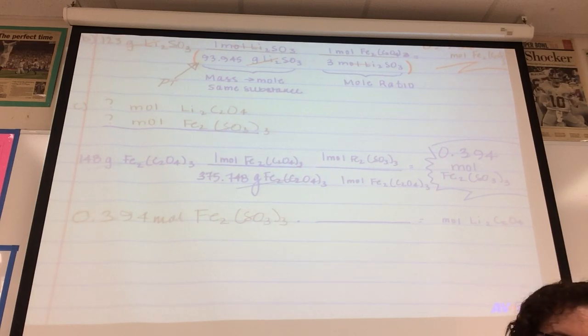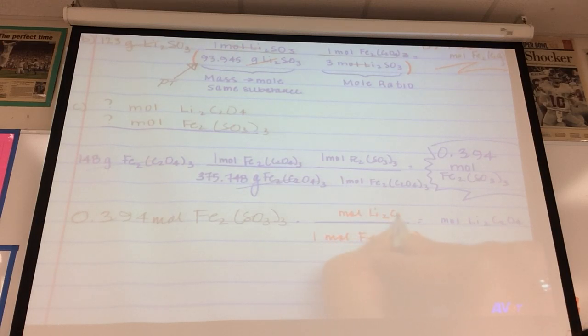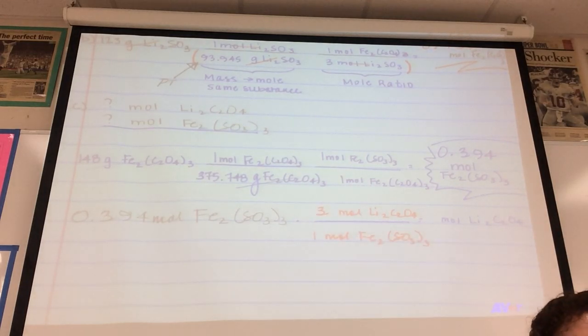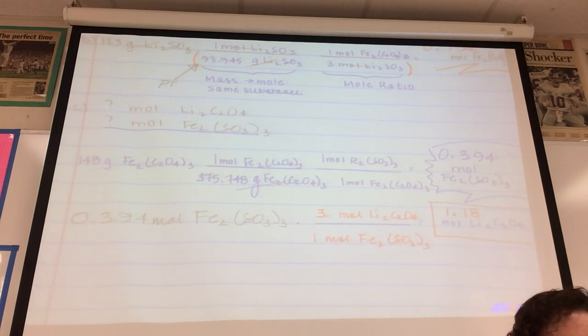What are you going to put in? What goes here? 1 mole. Where'd you get 1 from? Is it always 1? No, you got it from the coefficient. And you need the substance you want. How many moles of this do you have? Where'd you get 3 from? Coefficient in the balanced equation. And you have 1.18 moles of the other product.